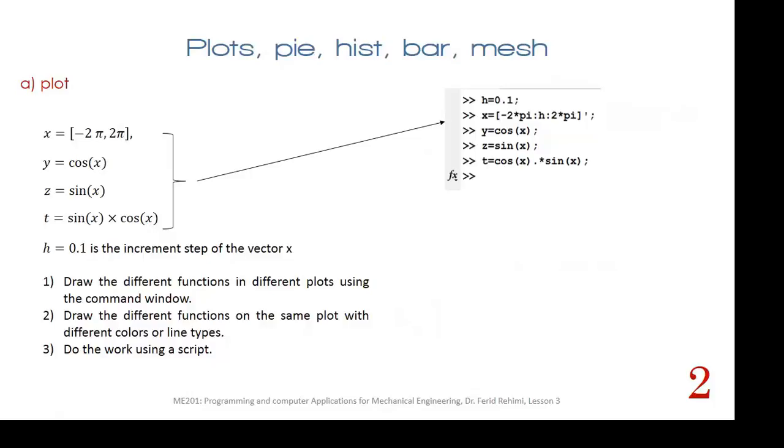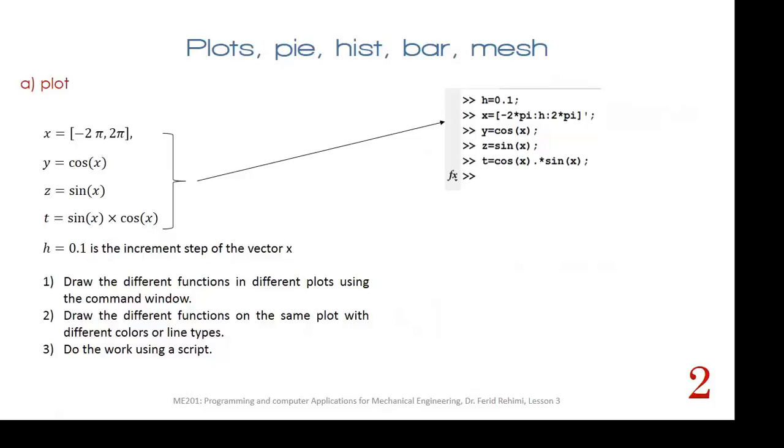So if you make a dot product for t, in this case, t1 would be cosine of x1 times sine x1, t2 would be cosine of x2 times sine of x2, etc., and we get the vector representing this function. So let's try to do this.